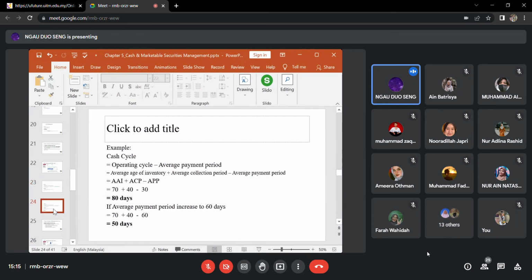Yes. So if you loan from the bank, previously you loaned for 80 days. Now you only loan for 50 days, meaning you are paying less interest. This is to save cost. This is the first strategy.